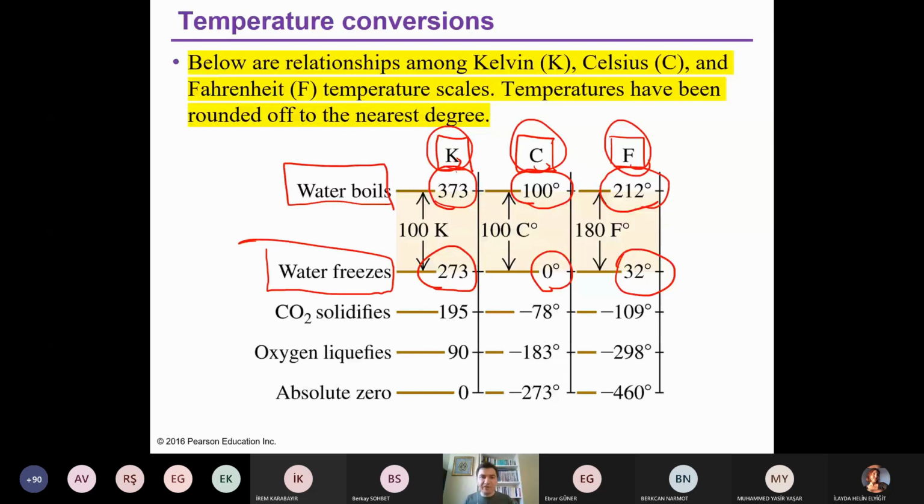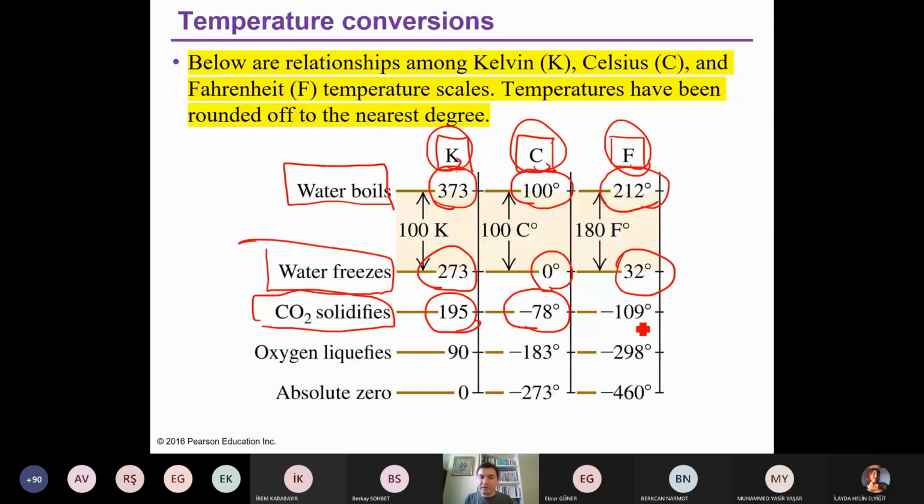Very important temperature scales in scientific research. And here we have carbon dioxide. It solidifies at minus 78 degrees Celsius, and in Kelvin it is 195 Kelvin. In Fahrenheit, it has a different temperature.